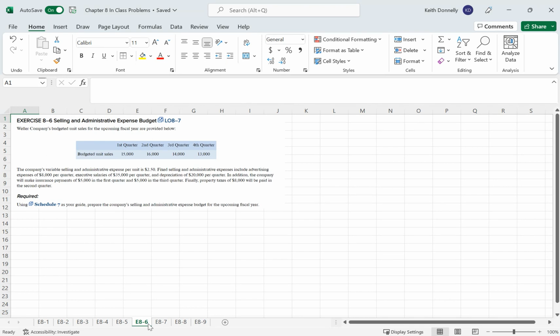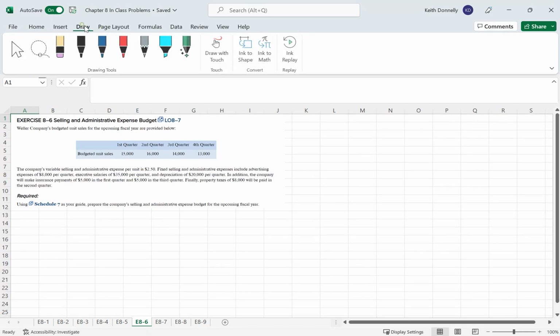And it says, in addition, the company will make insurance payments of $5,000 in the first quarter and $5,000 in the third quarter. Finally, property taxes of $8,000 will be paid in the second quarter. And so what is specific information there for what they're paying each quarter? What they want us to do is prepare the selling and administrative budget.